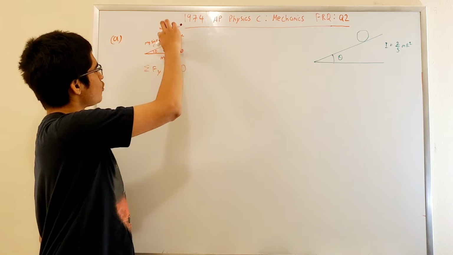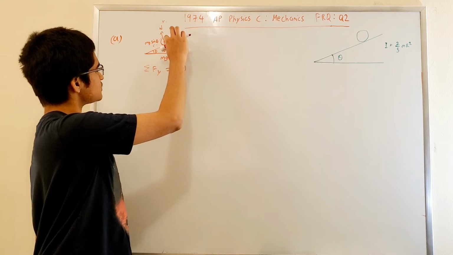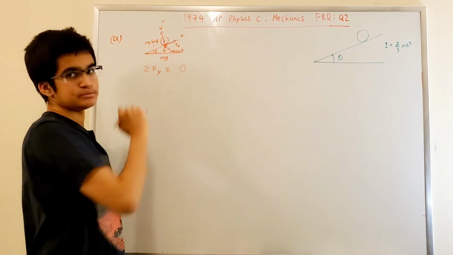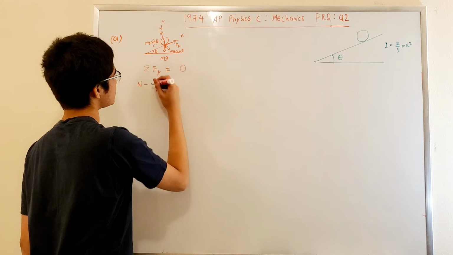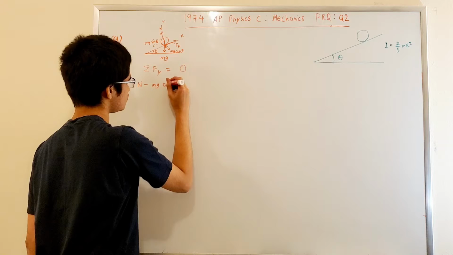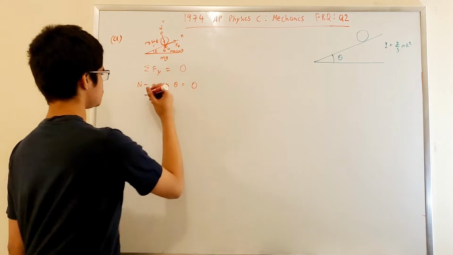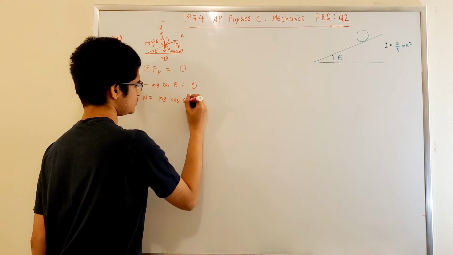There are two forces acting along our y direction, the normal force and our component of our weight, mg cosine theta. So we can write N minus mg cosine theta is equal to 0. Solving for the normal force, we get that the normal force is equal to mg cosine theta.